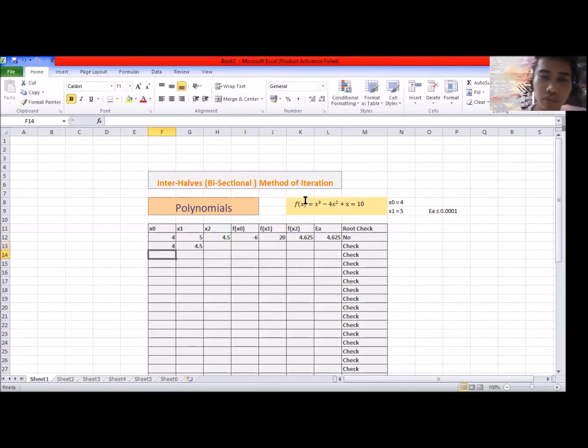That's how you get the new root, the second iteration of the bisection method.